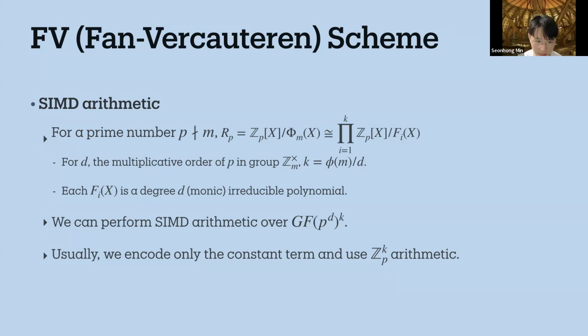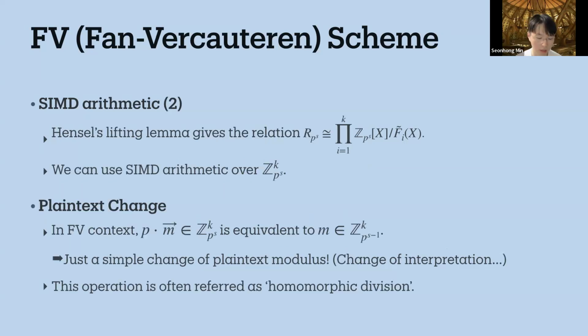Then each F_i has degree d, and is a monic irreducible polynomial. Since we have the isomorphism between R_p and a direct product of those finite fields, we can perform simple arithmetic over a vector of finite fields. But usually we encode only the constant term and use Z_p to the k arithmetic.